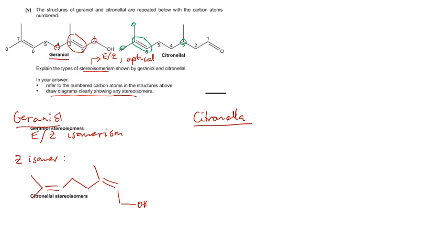So we can say we've got optical isomerism, like so, and in the same way as we did for geraniol, we should draw the other isomer.